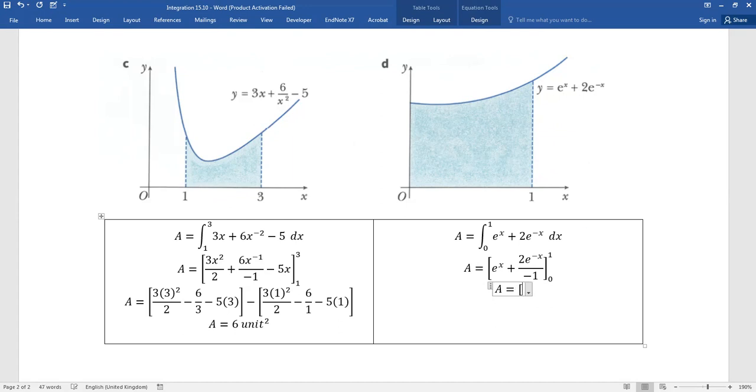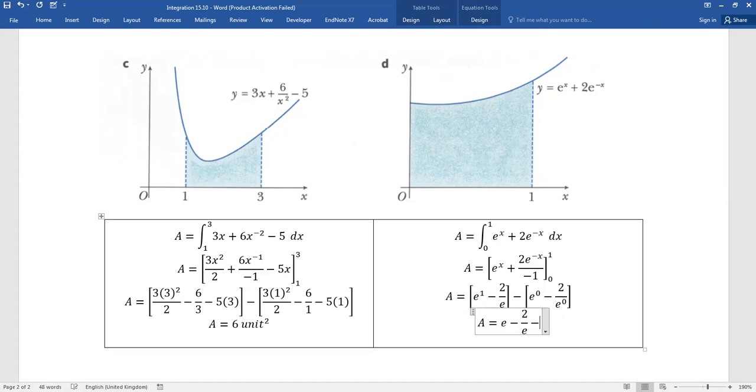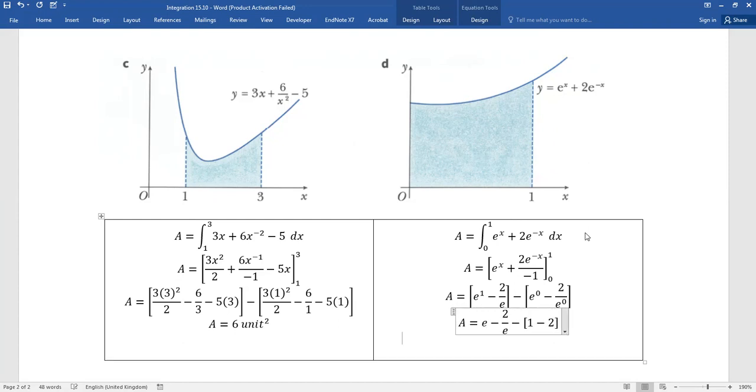Yes, sir. So when you plug in the upper limit, e to the power 1 plus -2 over e, and when you plug in the lower limit, e to the power 0 is 1 minus 2 over e to the power 0. So area is e minus 2 upon e minus, and then this is 1 minus 2.